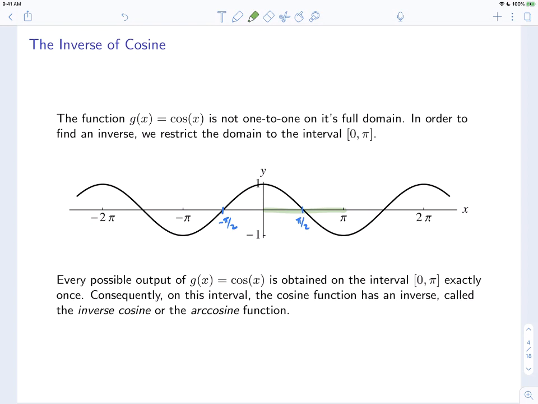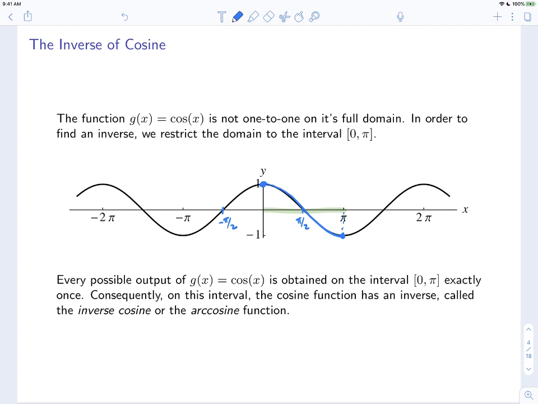On this interval, you can see that the function cosine is one-to-one. It's actually a decreasing function here. It starts at 1, and then it decreases to minus 1. So minus 1 is right here. So we see that we achieve the maximum value, and then all of the values leading to the minimum value.